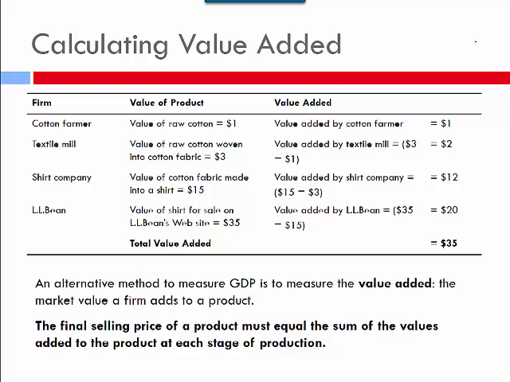And so you take the value of the cotton, and then for the next step, you say the value, now it's worth, once you've run it through the mill, it's now worth $3. So if it's worth $3 and it was worth before, the textile mill added $2 in value. The company that made it into a shirt, by the time it leaves here, it's worth $15, and so this guy added $12. And so in ours, we just kind of count it here, right?